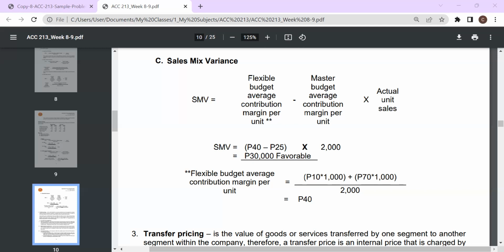Then, you multiply it by the actual number of units sold. No? So, multiply natin by 10,100. So, with that, no, again, this one minus this one, times 10,100. So, you will have, yan, 375. So, absolute value na lang natin.